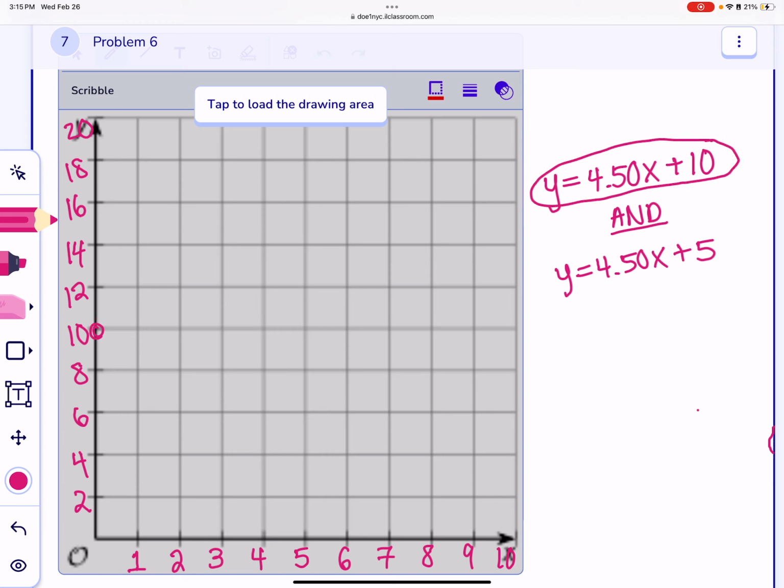Now earlier we saw that this first equation over here, I'm going to graph it in pink. We started with our y-intercept of 10 and we increased it by 4.5. So from 10 adding 4.5, we have 14.5. And if this is 15, 14.5 is in the middle of 14 and 15. So this was our new point here.